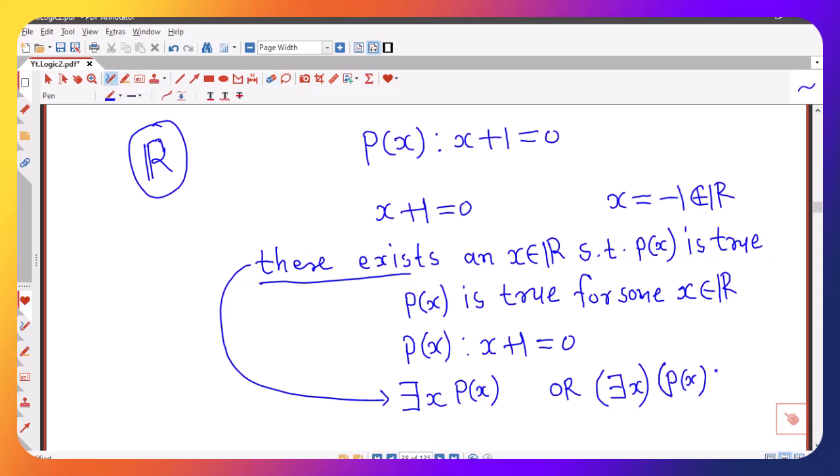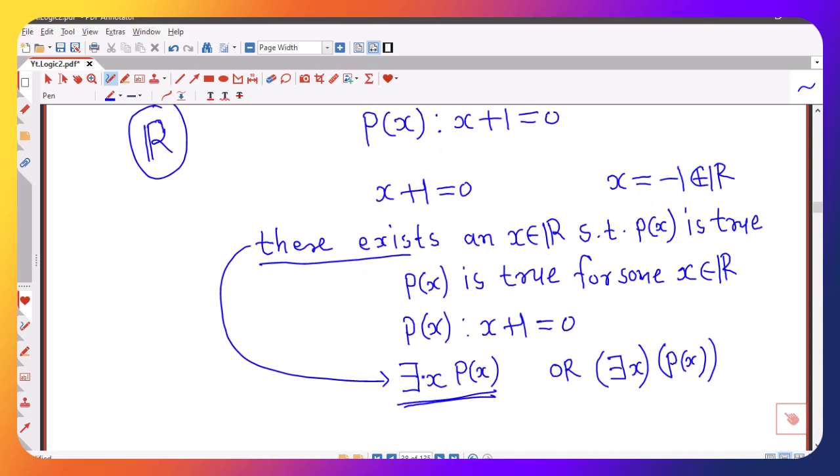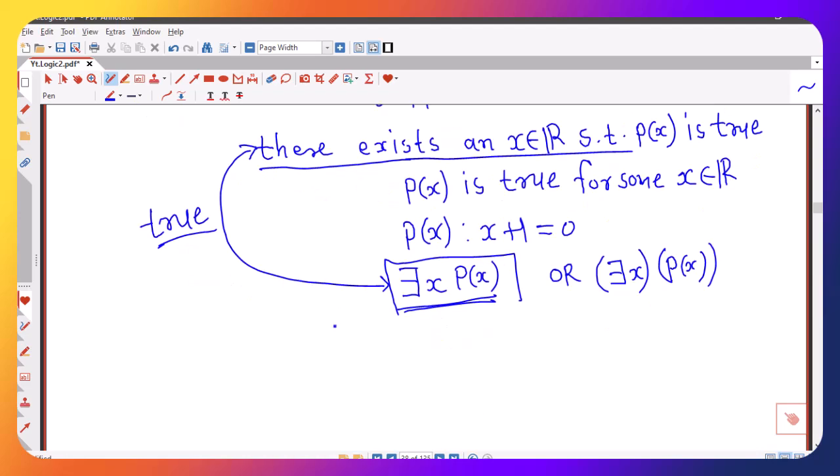So if we consider this symbol, the existential quantifier, then this statement can be written in symbolic logic in this way. Whenever we have a situation where some statement function has truth value true for some element in the given domain, then we will use the existential quantifier.